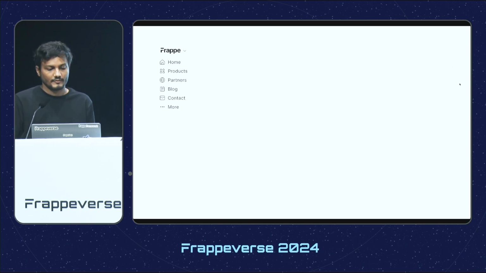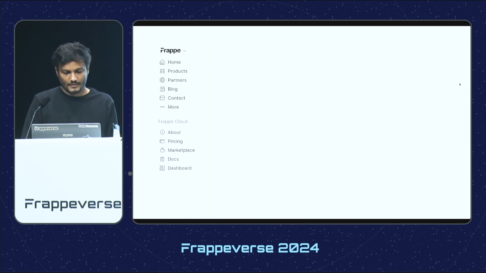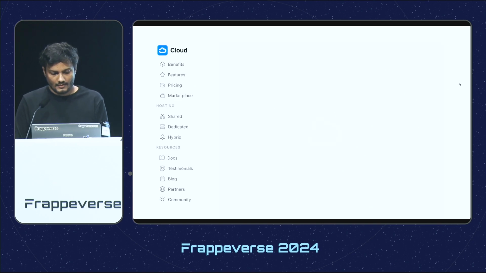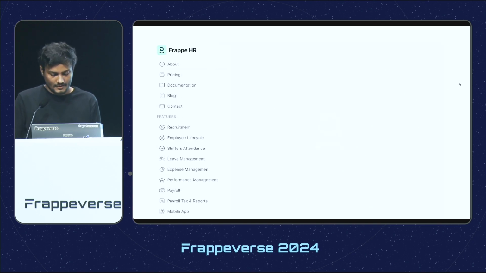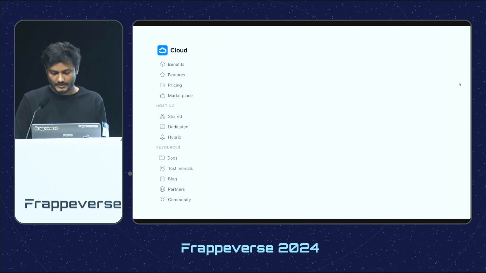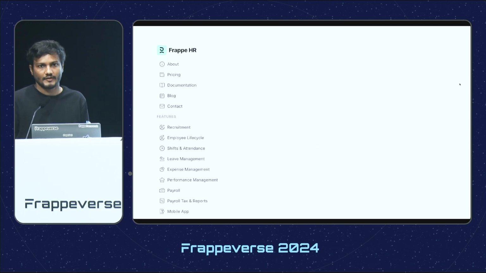So I proposed that maybe we could minimize the main navigation, and have a flyout menu under More, and that could have the product website navigation, like this. This would be for Cloud. But in the end, I just skipped the entire thing, and gave the product websites their own navigation. So now Frappe Cloud has the entire navigation to itself, and so does Frappe HR.